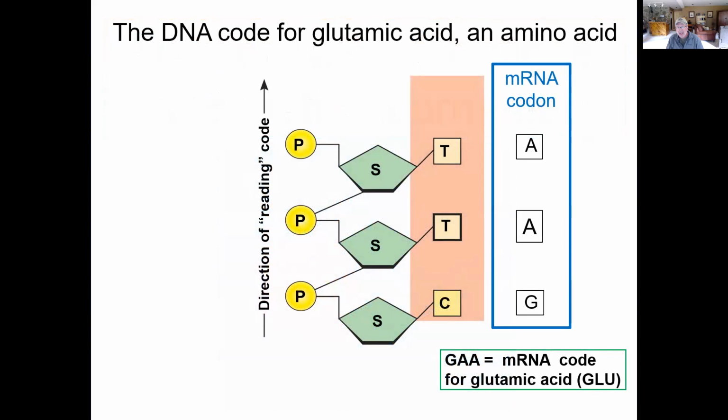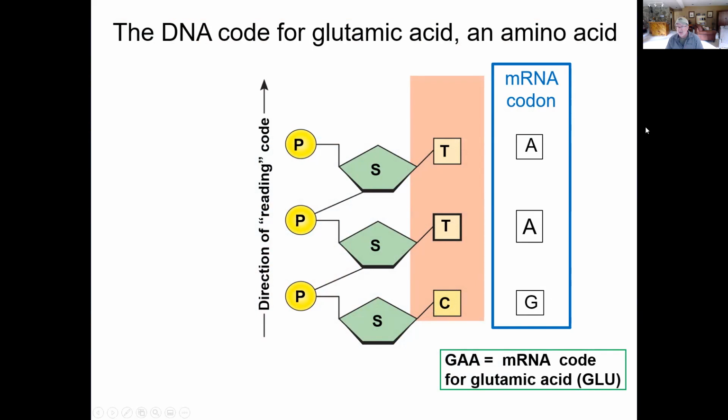Now here we're looking at a very small segment of the template strand of DNA. So to set the stage, transcription has already occurred. We've separated the two DNA strands. This is the template strand that's going to be read as the messenger RNA is constructed.